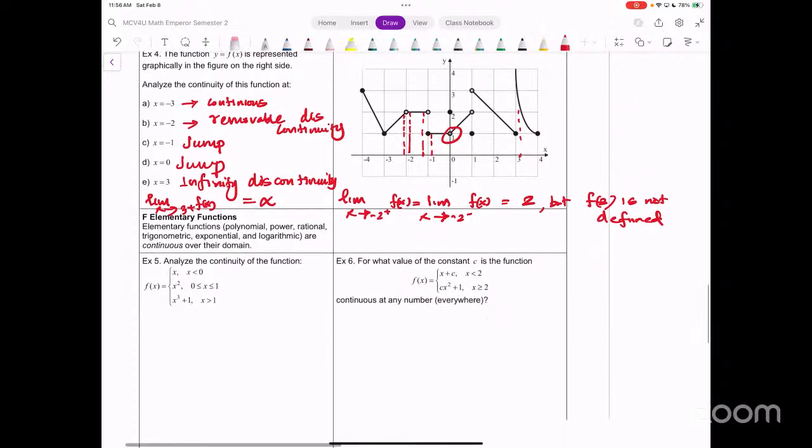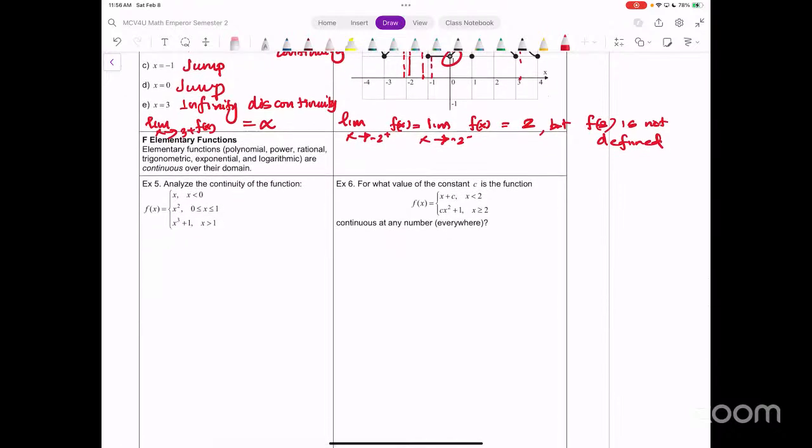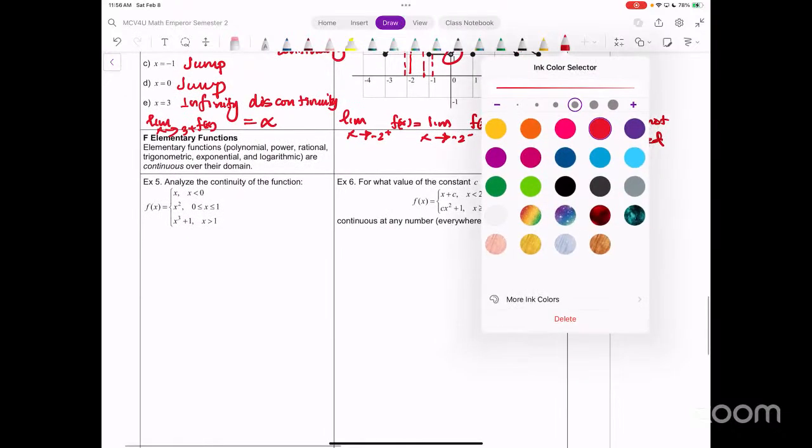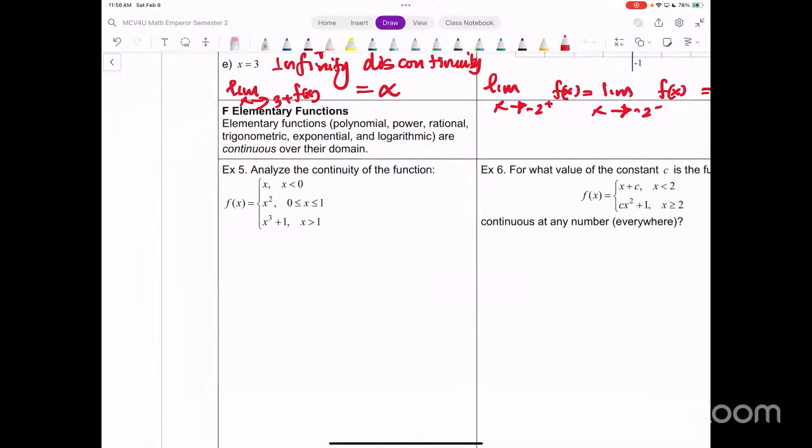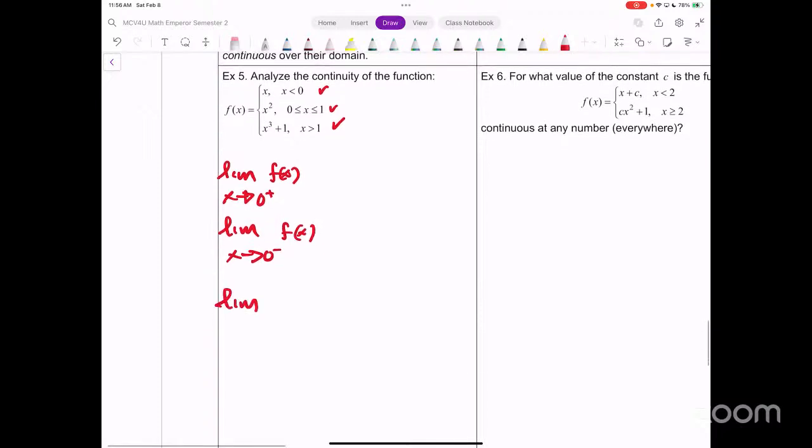All right, analyze the continuity of the function. So we want to see what is going to happen in continuity. To analyze the continuity of the function, guys, we need to check the boundaries. So limit x approaches 0 plus f of x, limit x approaches 0 minus f of x, limit x approaches 1 plus f of x, and limit x approaches 1 minus f of x.